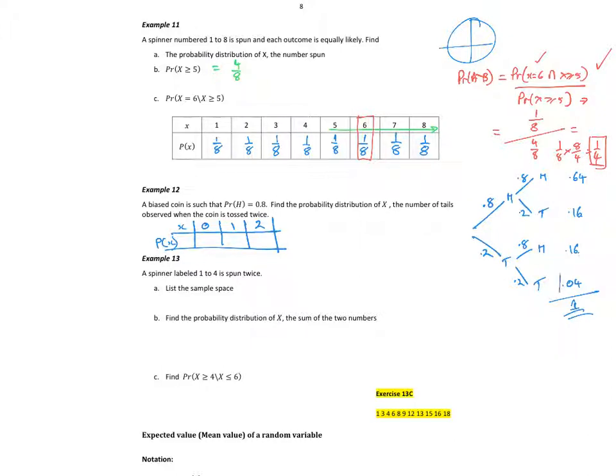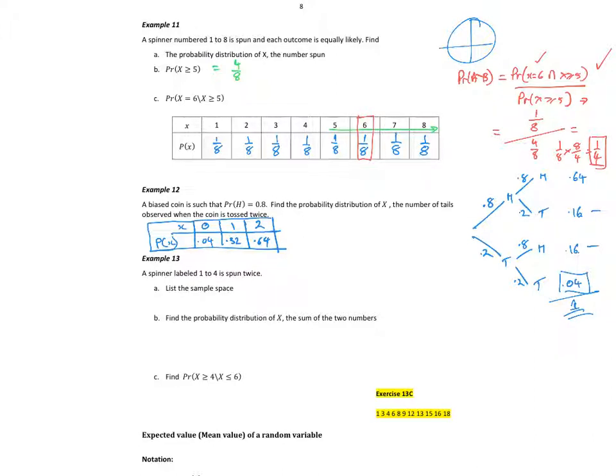That's the same as 2 tails, which is 0.04. The probability of 1 head, well, it could be head, tail, or tail, head, so it's those 2 outcomes: 0.32. The probability of 2 heads is a head, head: 0.64. So you can see how my probability distribution is just a way of representing all the probabilities that we've been working out previously.